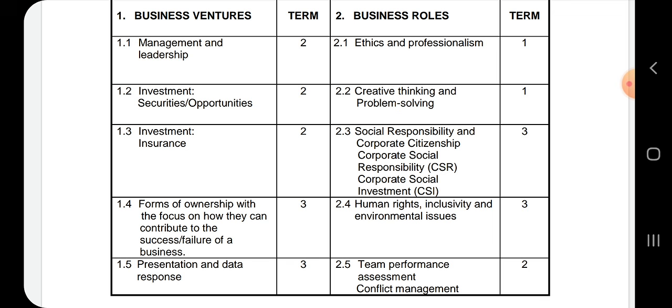So you cannot just know an essay in creative thinking and in investment insurance. No, it's not going to work. Either you know management and leadership, investment security opportunities, investment insurance, forms of ownership, and presentation of data. You know everything there. You master them. Or you master ethics and professionalism, creative thinking, social responsibility, human rights, and team performance, because those are business roles.